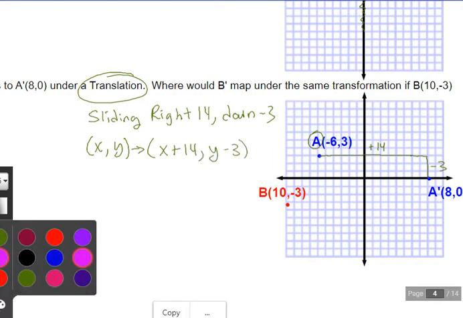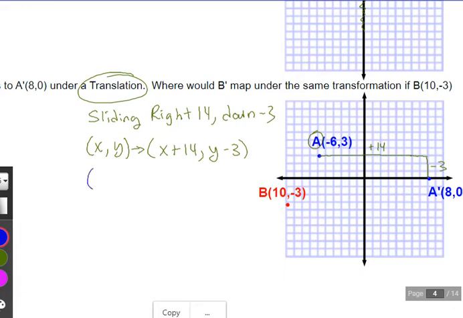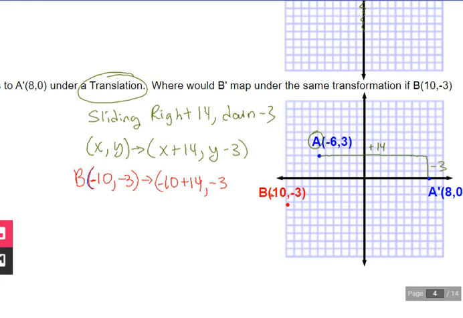If our B point starts at (-10, -3), we take our original -10 and add 14 to it. Oh, that should be a negative 10, that's a mistake. So negative 10 plus 14, and we'll take our y value of negative 3 and subtract 3 from it.